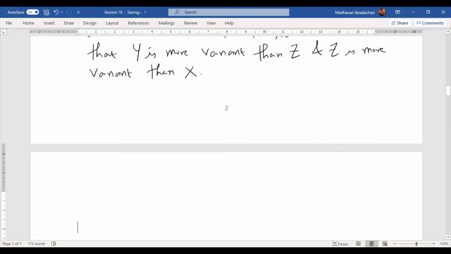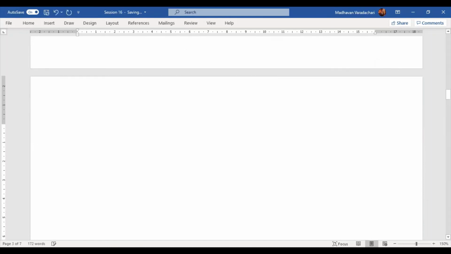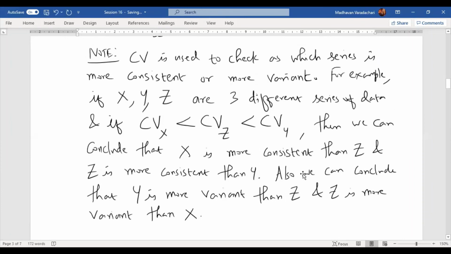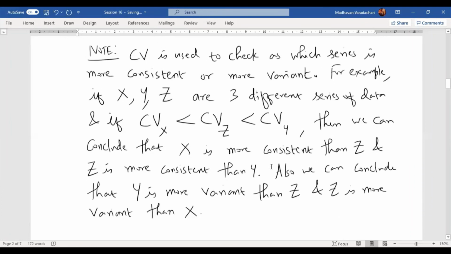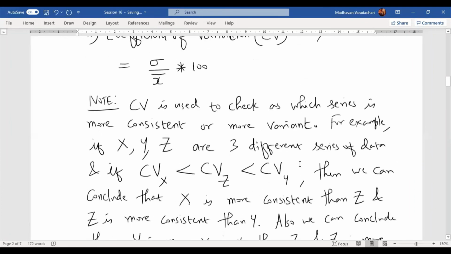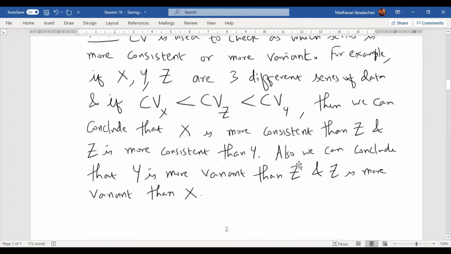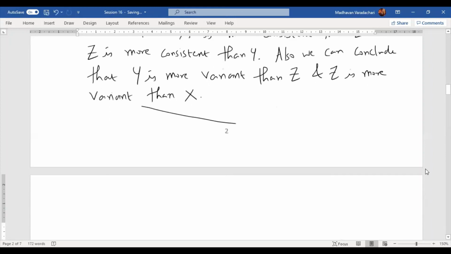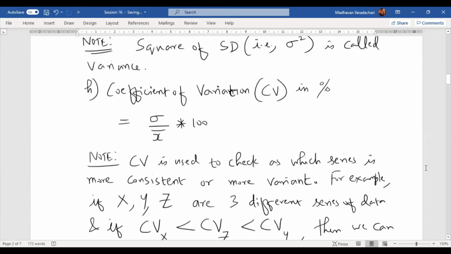This coefficient of variation is used in that way. So till coefficient of variation we did right. This is what, till H, we did.